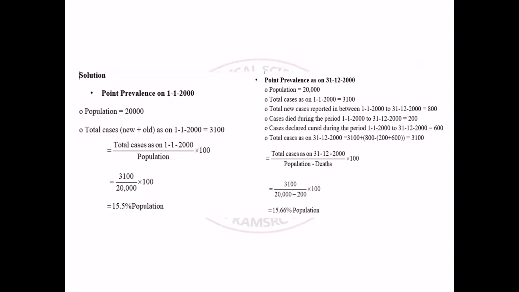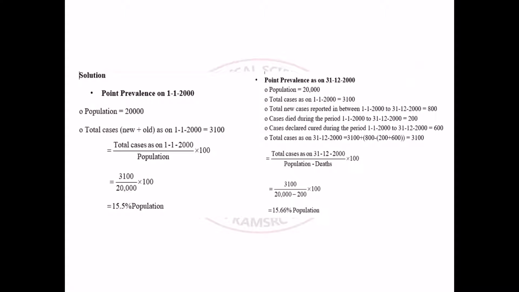And coming to the solutions, first we are going to deal with the point prevalence as on 1/1/2000. On that day the population is 20,000. Total cases, new plus old, as on that day is 3,100. So point prevalence is equal to total cases as on 1/1/2000 by population into 100.